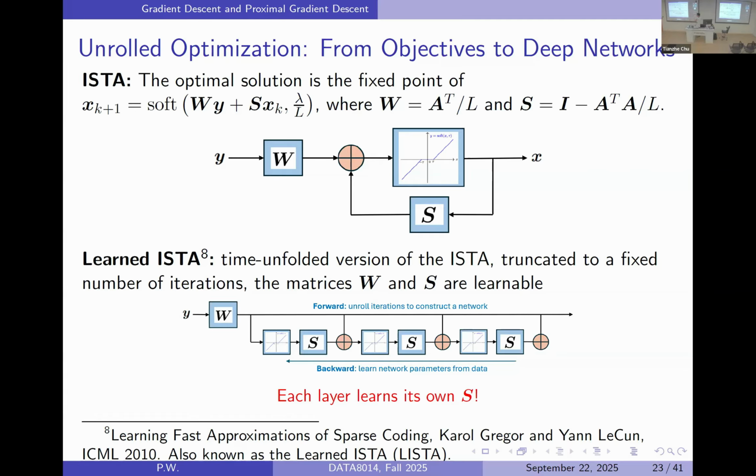This approach arises from a very famous paper by Yann LeCun and his student Karol Gregor, published in 2010, Learning Fast Approximations of Sparse Coding. This approach is also known as LISTA, learned ISTA.